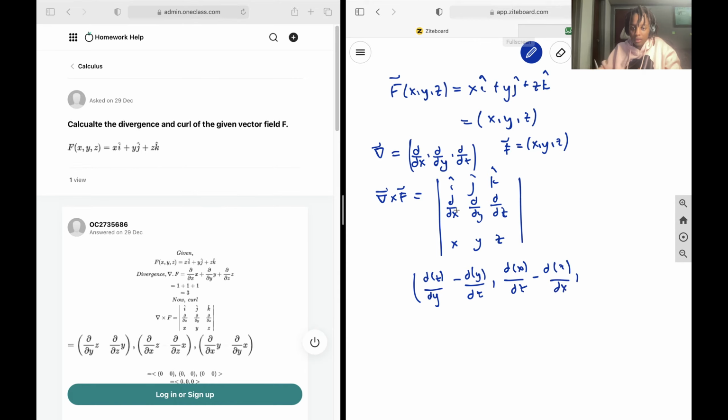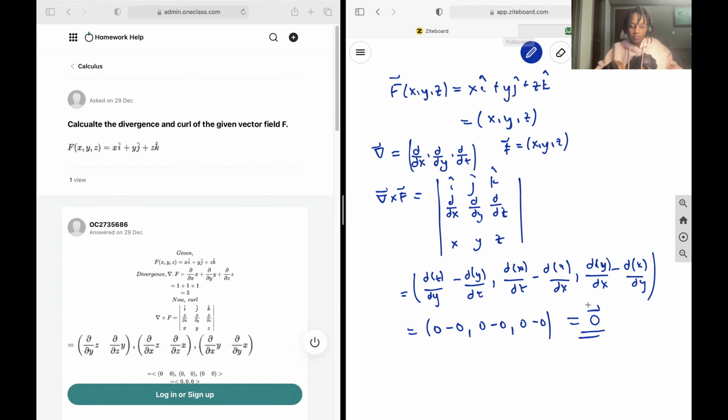And lastly, for the k component, we're going to have the derivative of y with respect to x minus the derivative of x with respect to y. Now, clearly, this is going to be 0 minus 0, 0 minus 0, and 0 minus 0, all giving us the 0 vector. And that's going to be our final answer.